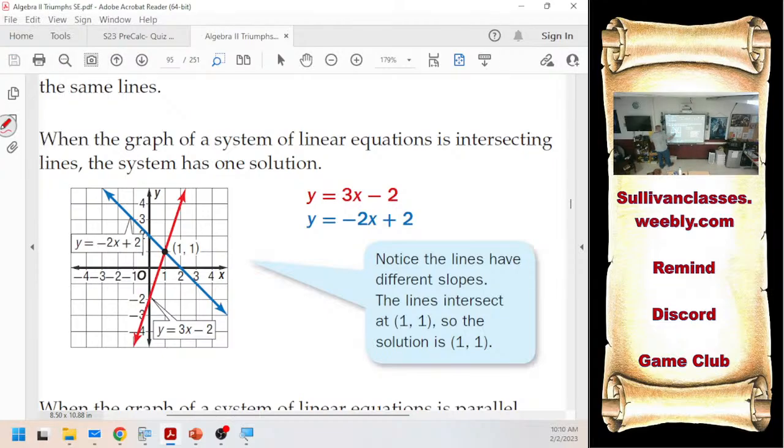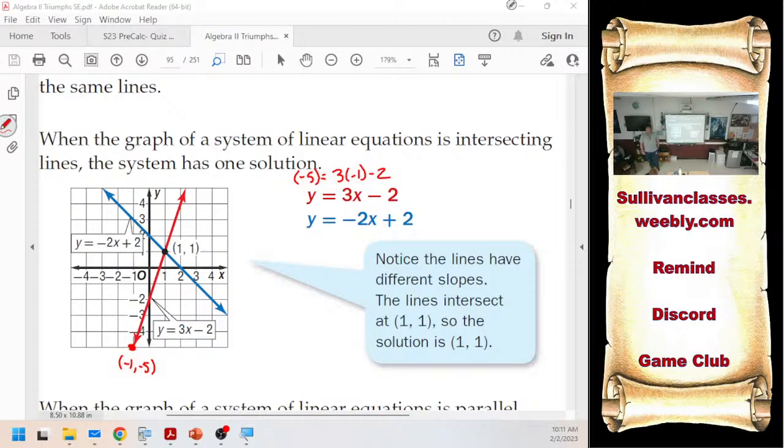Okay. Maybe this will help you. This point right here is at -1, -5. If I put in -5 and -1, is that a true statement?